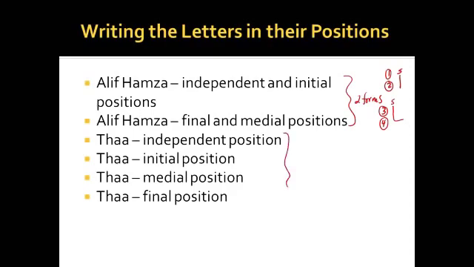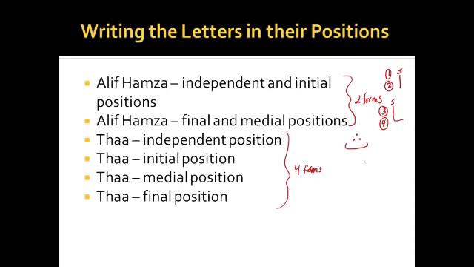Now, the tha here has four forms for the four positions, and they look like this, just like the ba and the ta that we discussed previously, but there are 3 dots on top instead of 2 dots above for the ta and 1 dot below for the ba.